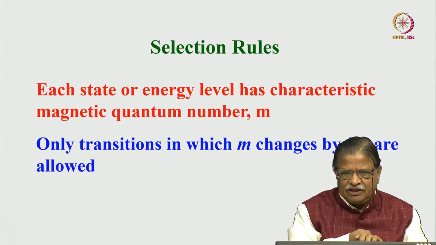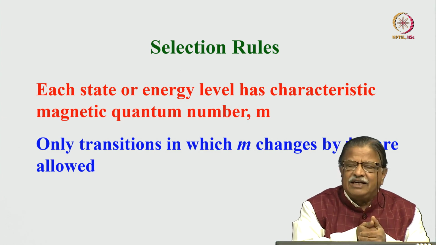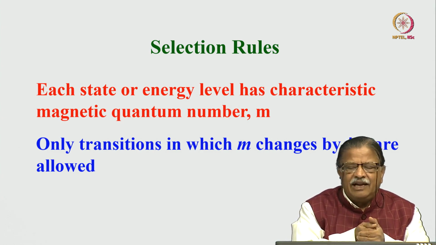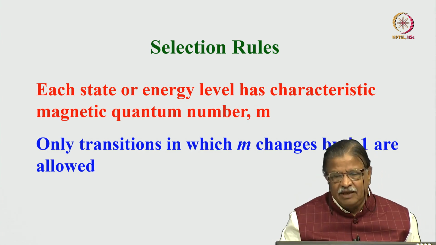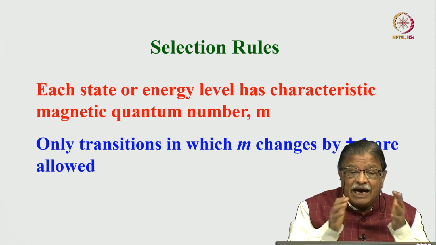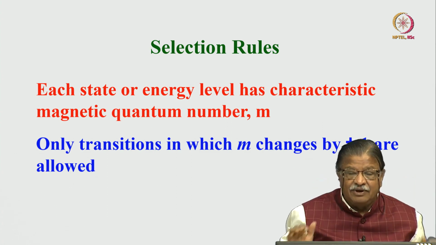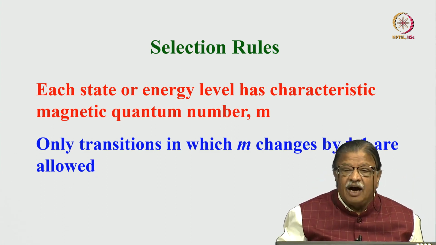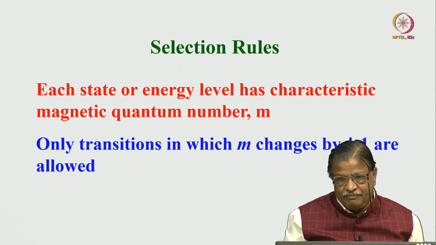And as I said, each peak in this NMR spectrum is not a delta function; the line width of each of these peaks is not 0. There is a certain line width for each peak, because of the natural line width coming from the Heisenberg uncertainty principle: delta E into delta t is greater than or equal to h cross. The shorter the time the spin stays in the excited state, the broader the signal.